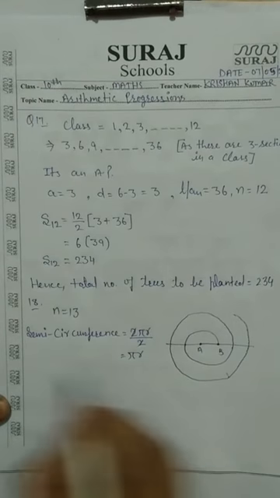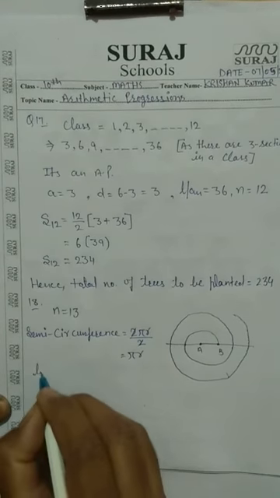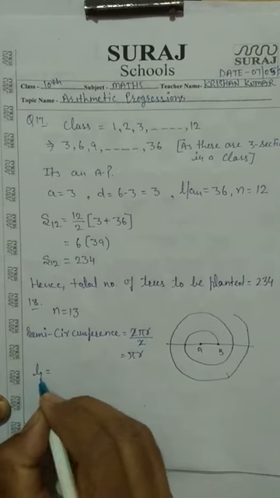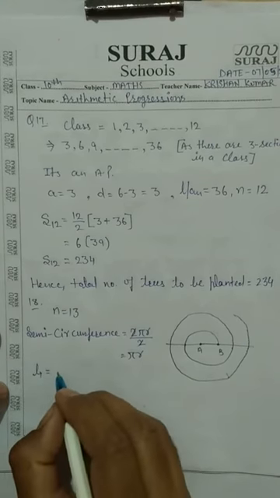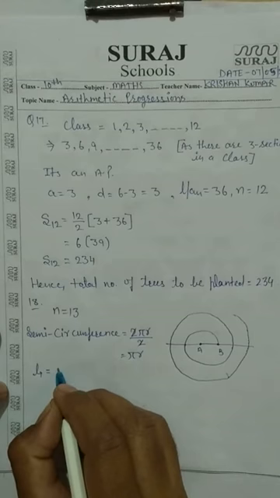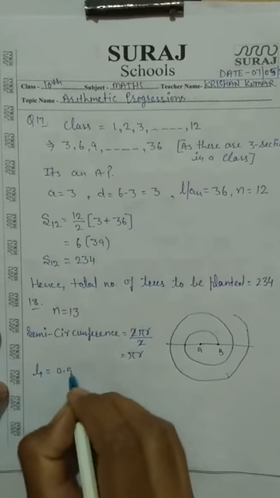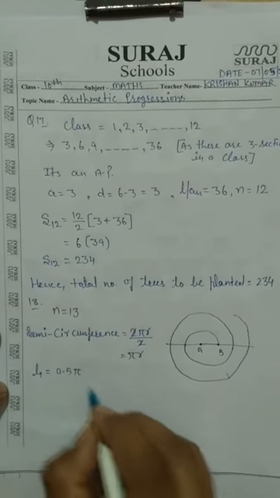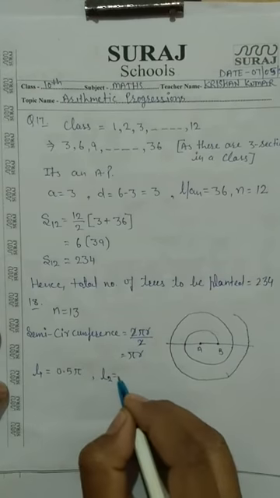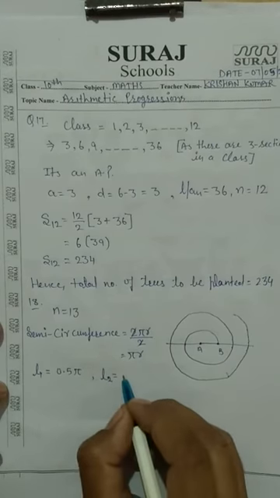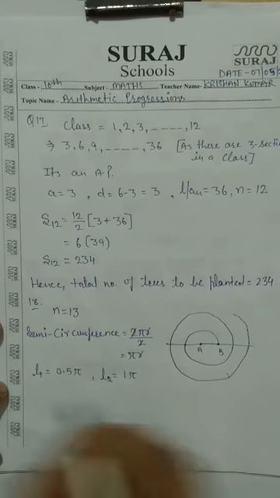Okay beta. So L1 means the length of the first semicircle. Radius is 0.5, pi remains the same. L2, the length of the second semicircle, radius is 1, so that is 1 pi. Same as before, beta.